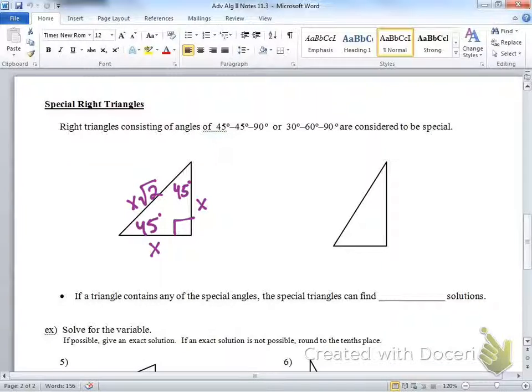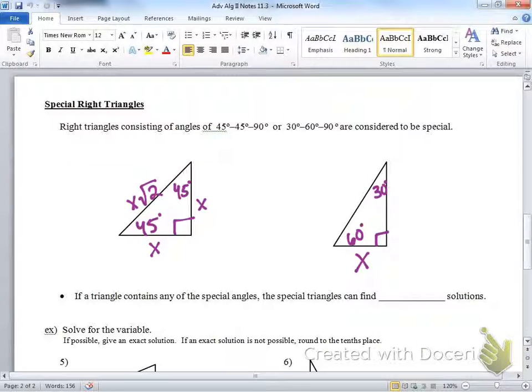This other one is a 30, 60, 90. Now 30 is always across from the smallest side. So it's easiest to see which side is smallest. Go across, that's your 30. The other one's your 60, and then the 90 is pretty easy. Across from the 30 is an x.